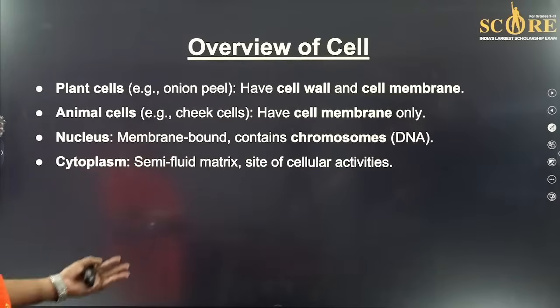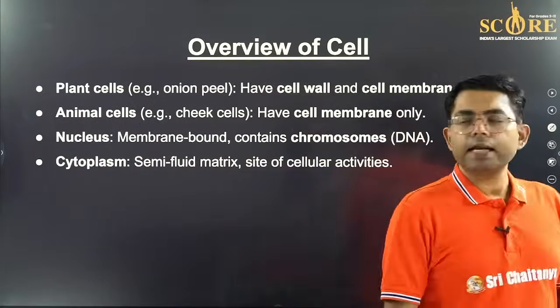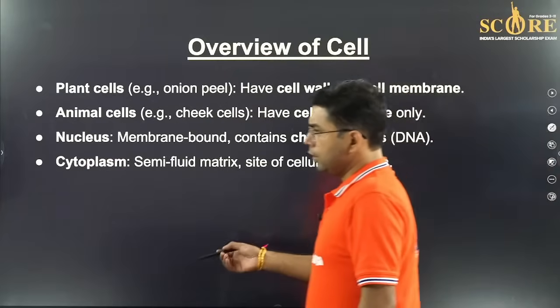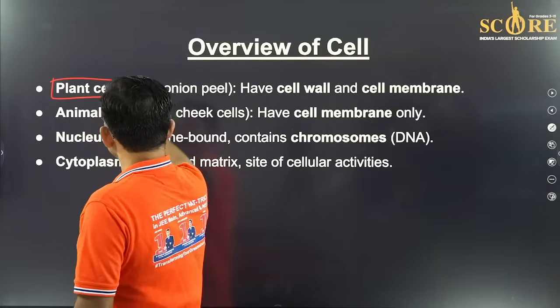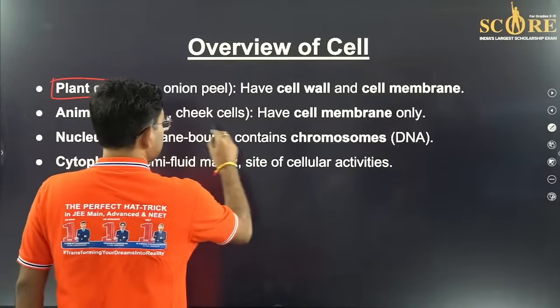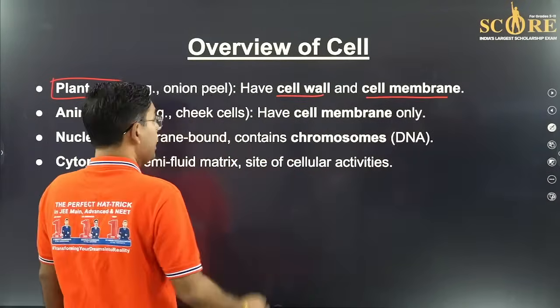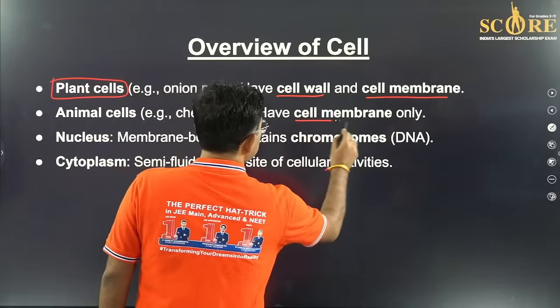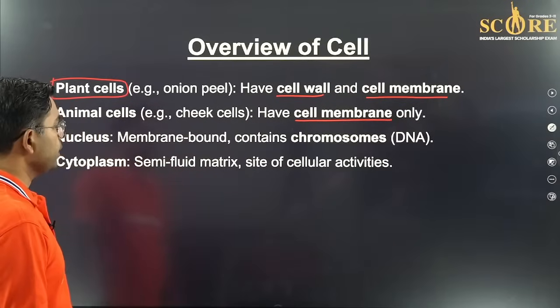If we do the overview of the cell, so here we know that the cell consists of the plant cell, animal cell. So if I see the overview of the cell, plant cell will have cell wall as well as cell membrane. Animal cell only has cell membrane, no cell wall is present in the animal cell.